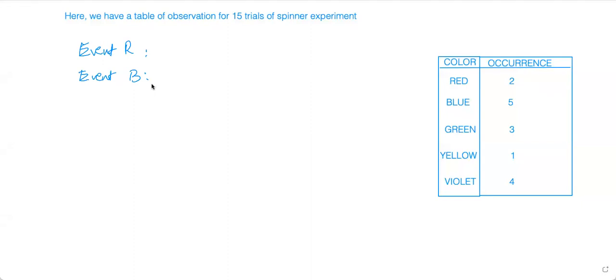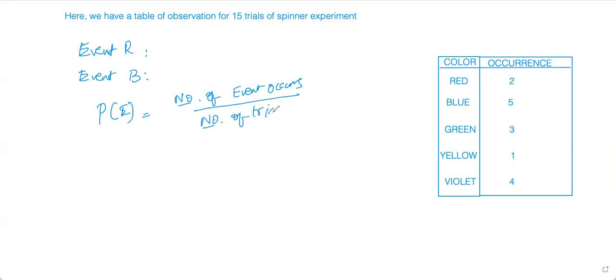So P of E is equal to the number of times the event occurs divided by the total number of trials.